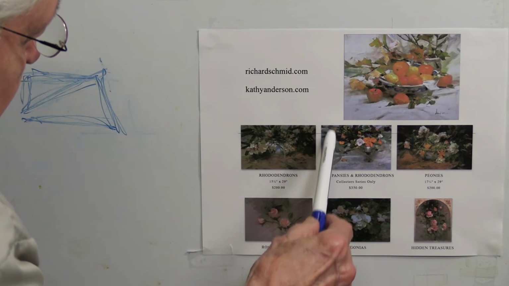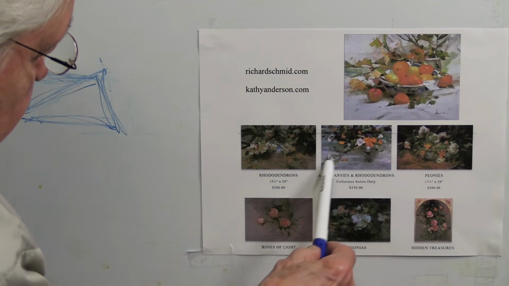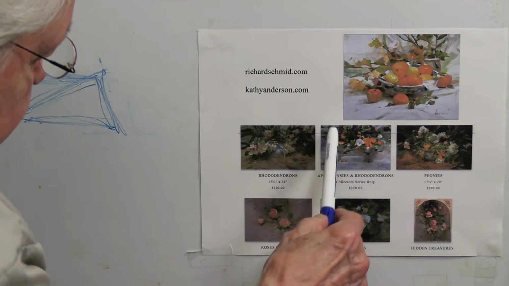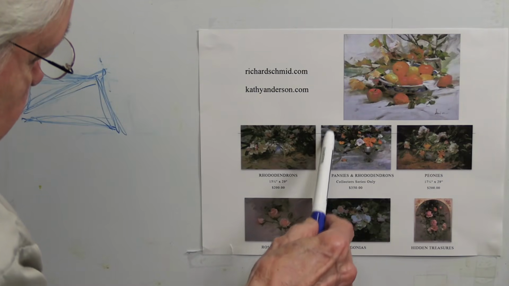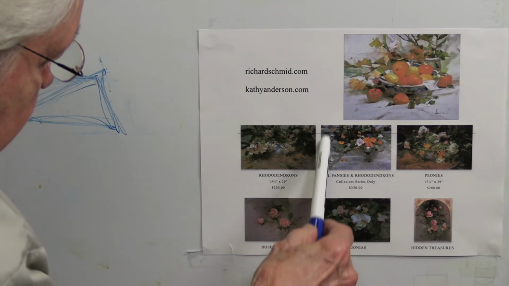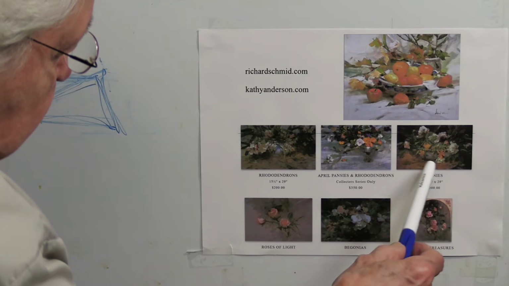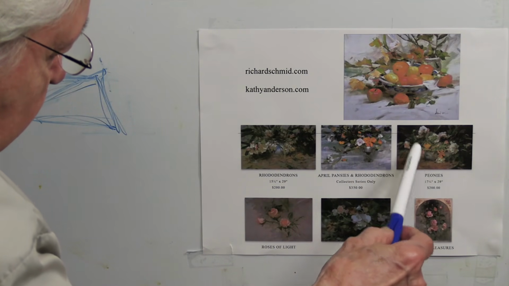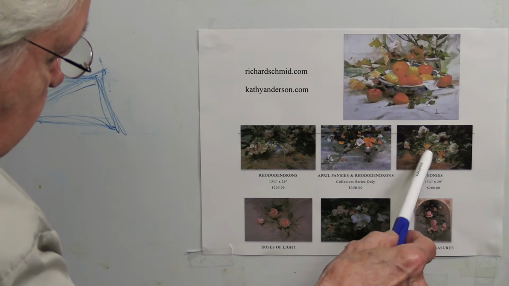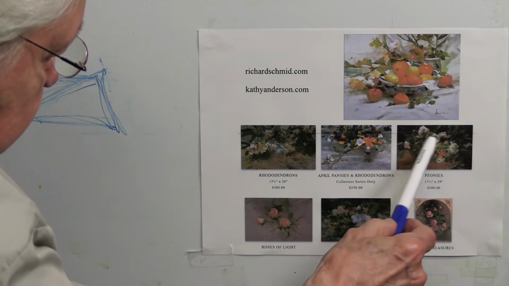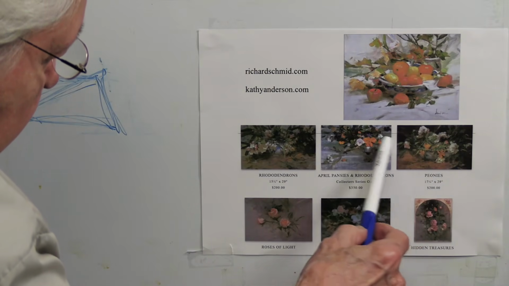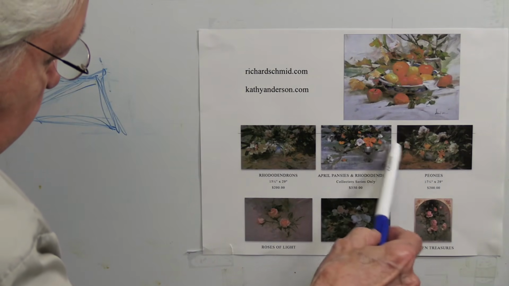Here we see more of a triangular arrangement where the emphasis seems to be in this direction, going this way, and then back in this direction. This one seems to take on more of a circular arrangement, the way the flowers and the colors are emphasized, but you could also see more of a four-sided arrangement.